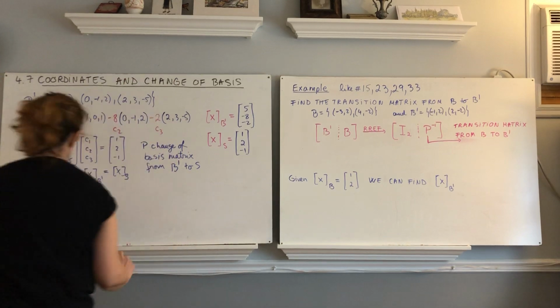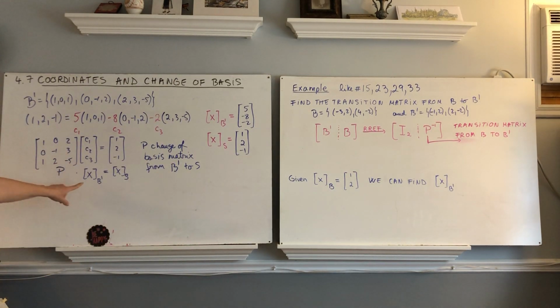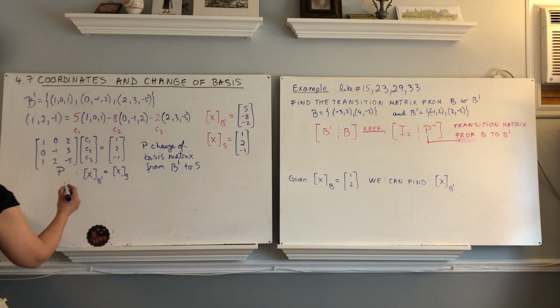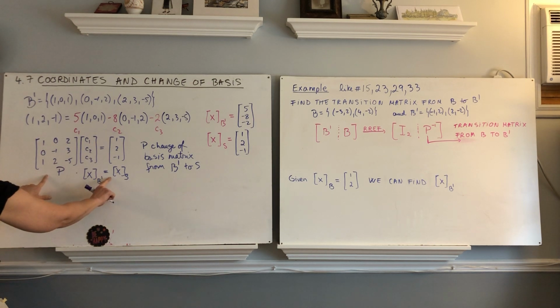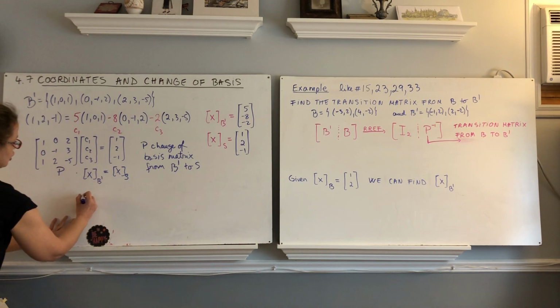So let's say we want to just solve for these coordinate vectors. Instead of row reducing like we did in the previous example, we can multiply both sides by P inverse.